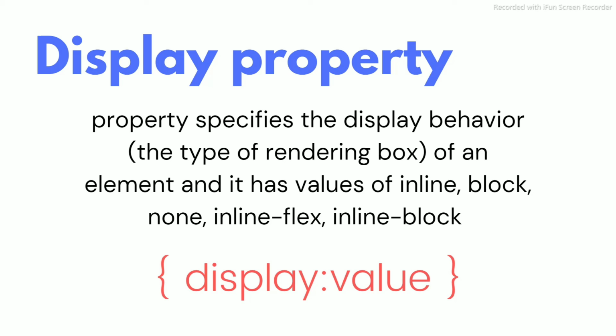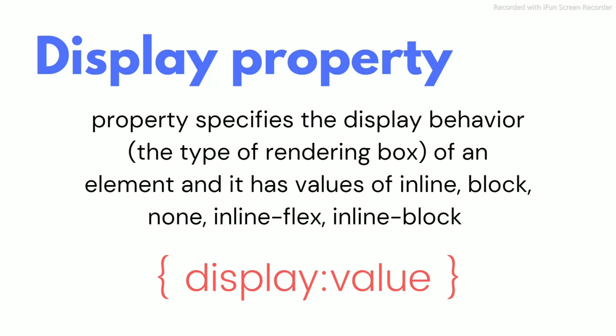Here OL is the parent and li is the child, and we have list items which are images. The first has a different image and the second has a different image, and everything has different images, and we want to display them not vertically but horizontally. We use inline. When I use display equal to inline, it will show all those images in a line format.